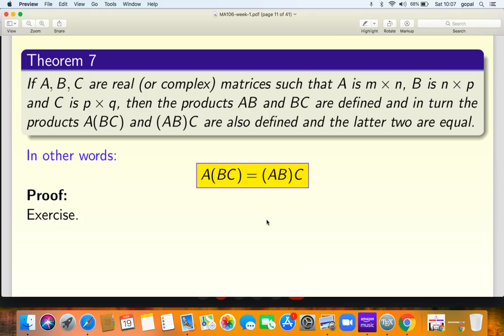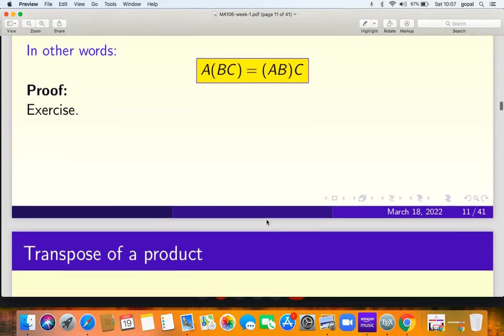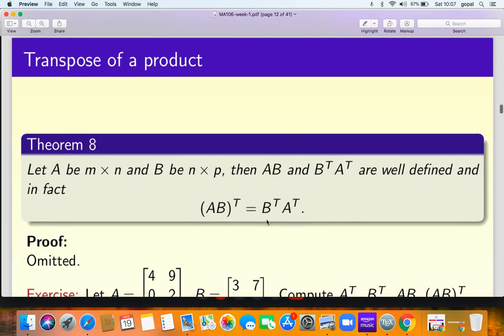Then I have A plus B, and I can say (A plus B) transpose. Is (A plus B) transpose the same as A transpose plus B transpose? Yes. The answer is yes. You would have guessed it. It is absolutely trivial. But what is more interesting is the next theorem.